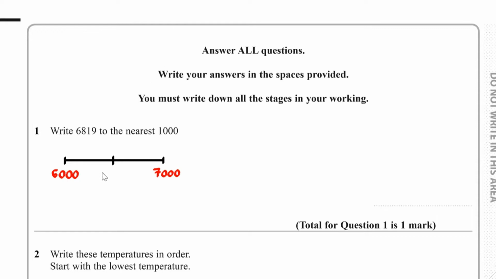We've got our halfway point, 6,500, and our number 6,819 is 6,500 and more, so we will round up to 7,000.